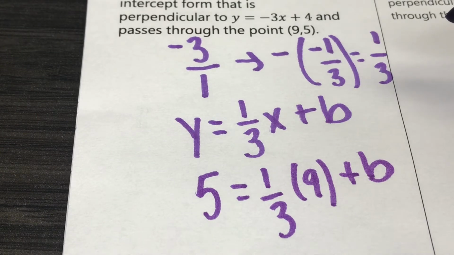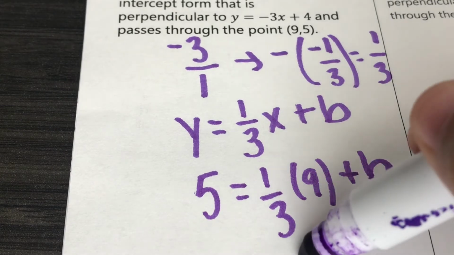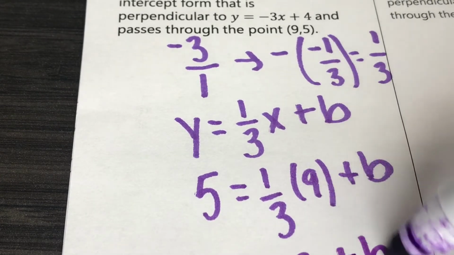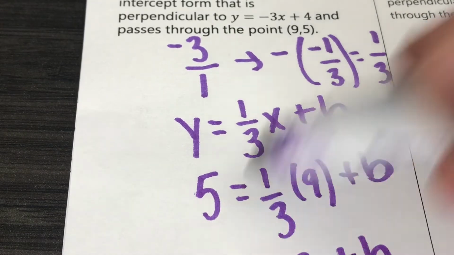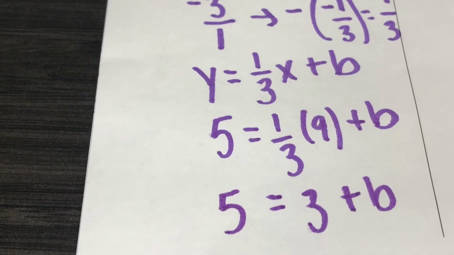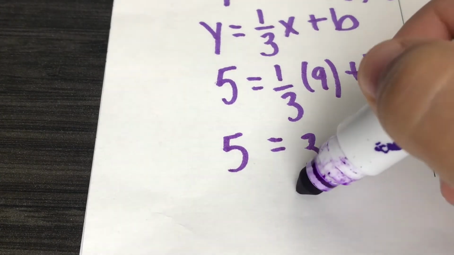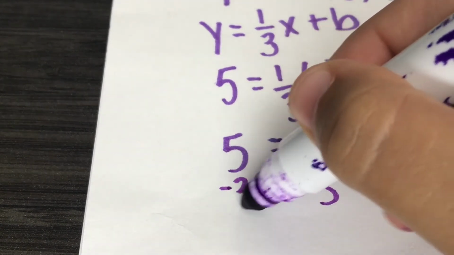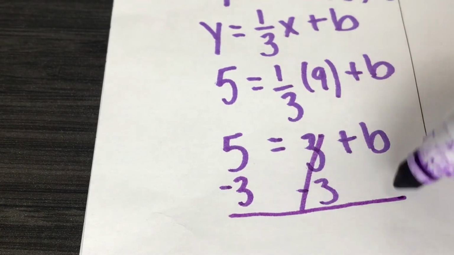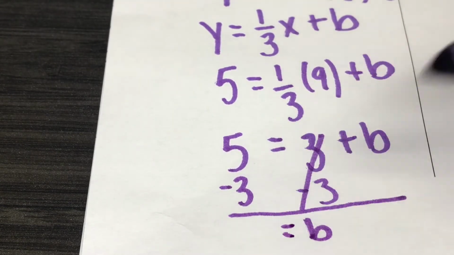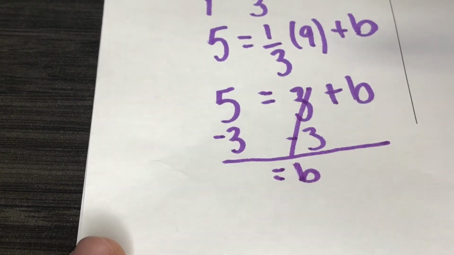One-third times 9 is 9/3, and 9 divided by 3 is 3. You want to do the inverse operation to solve for b, so we're going to subtract 3 on both sides. b is equal to 5 minus 3, which is 2.